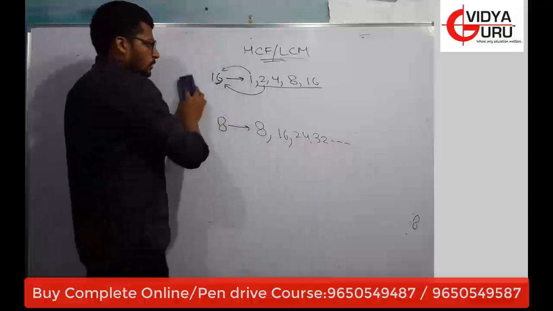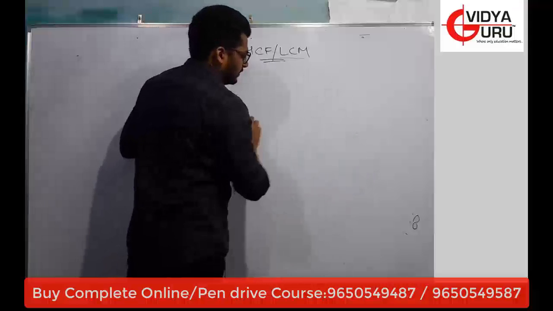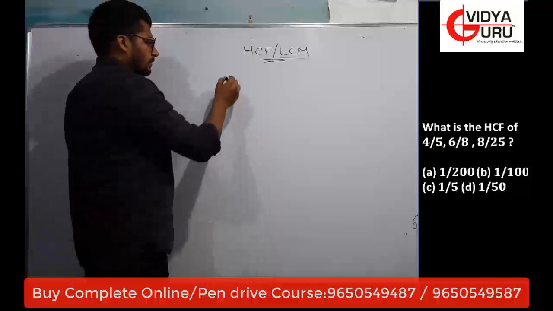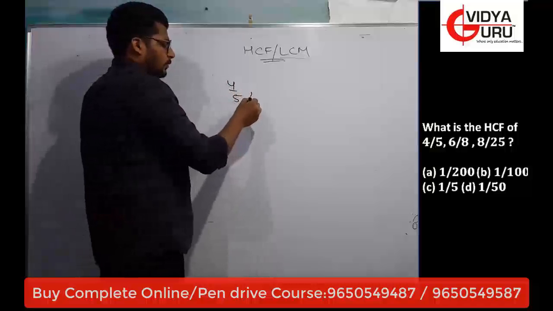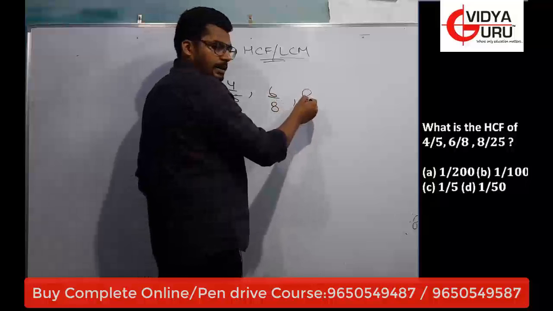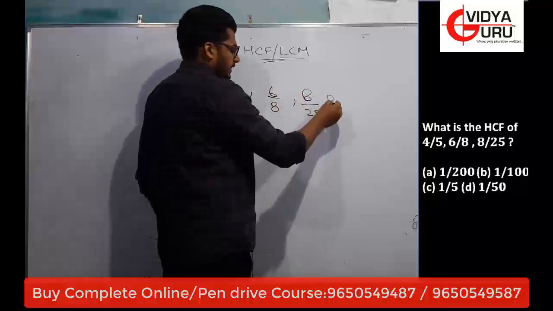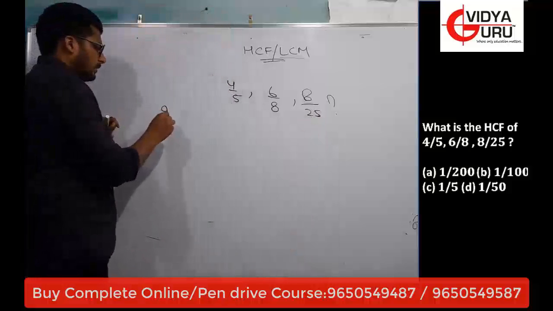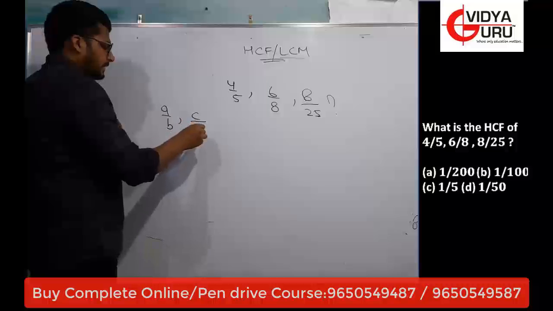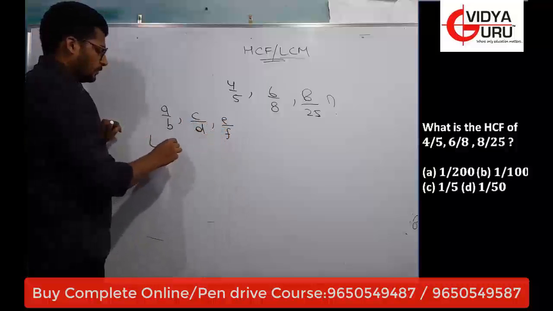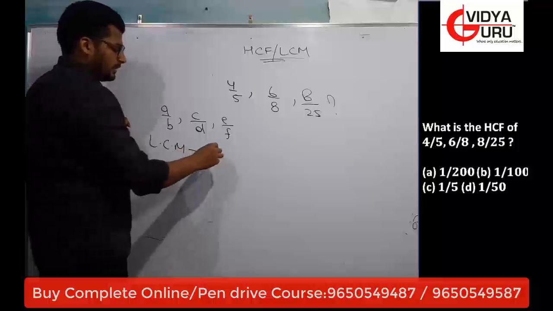So coming on to our first question. What is the first question saying? What is the HCF of 4 by 5, 6 by 8 and 8 by 25? If the LCM of fractions is asked, what will be the LCM of a fraction?